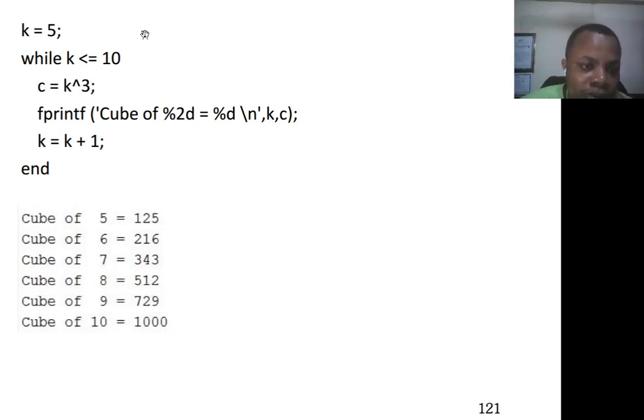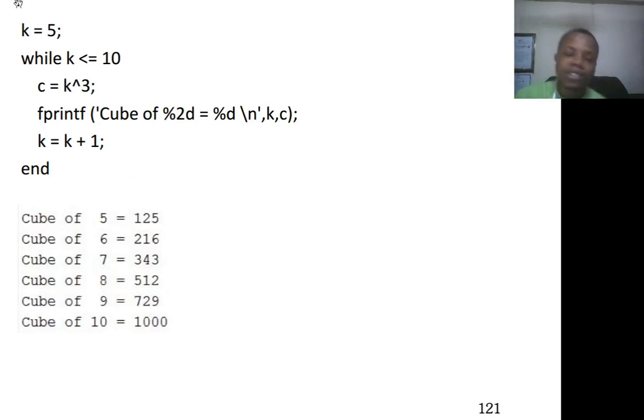With this, the user will keep on entering values of k. Provided this k happens to be less than 10, this will keep printing these values until k becomes greater than 10. So this is what will happen in this case, as simple as that.